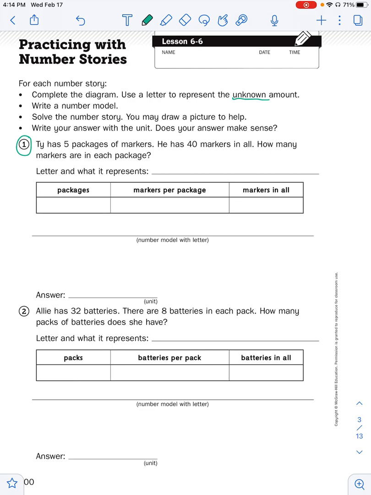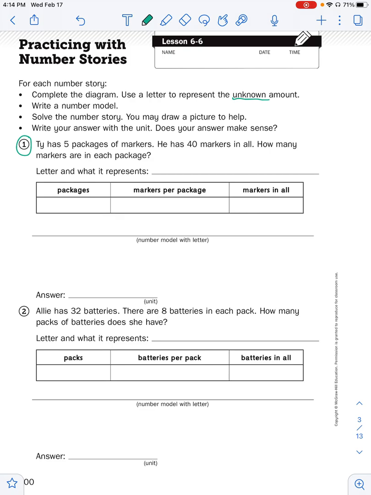So right now, I'm going to make sure that I understand what they have told me. What are the things that I already know? I already know that they're talking about markers and packages and total markers, but how do I use that information?